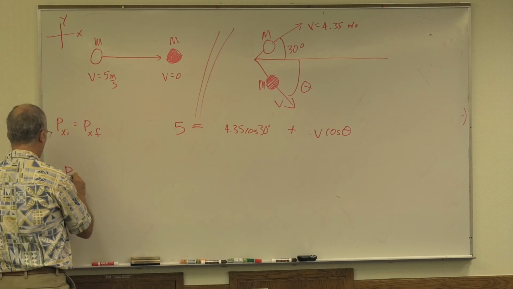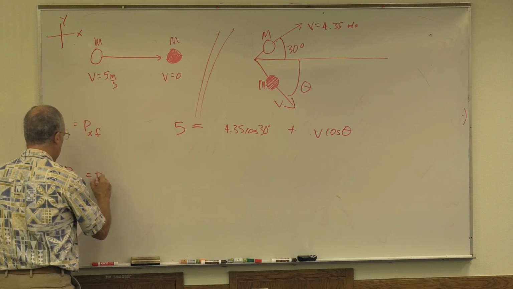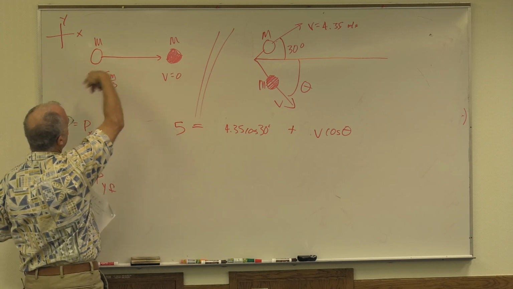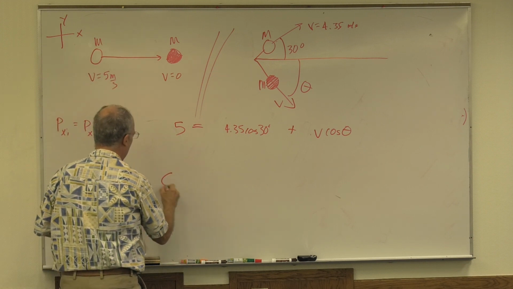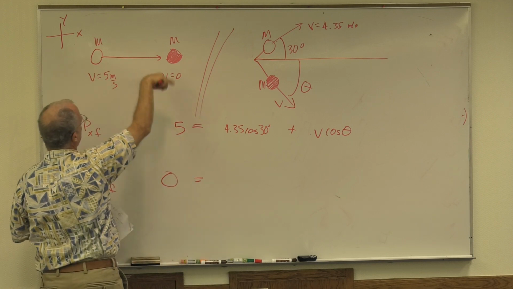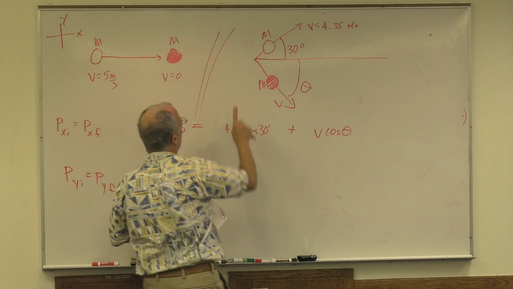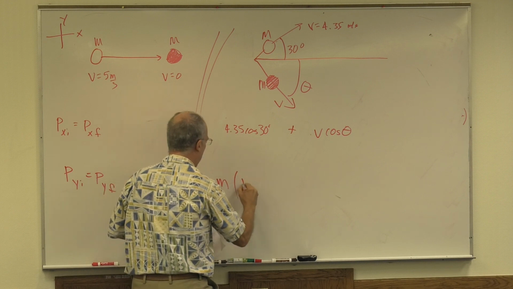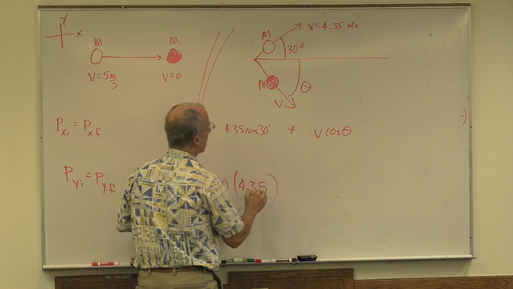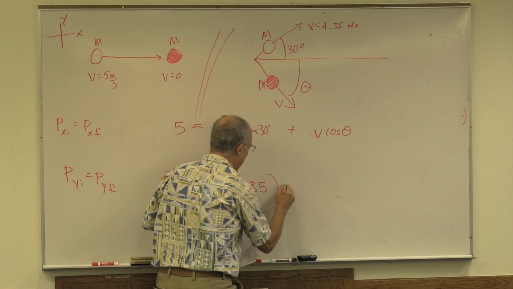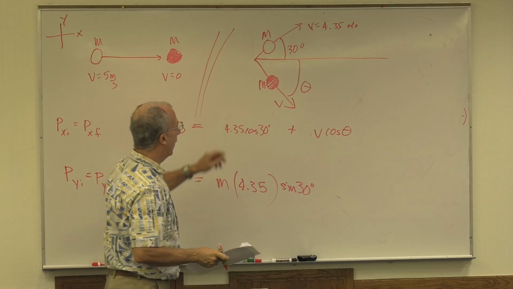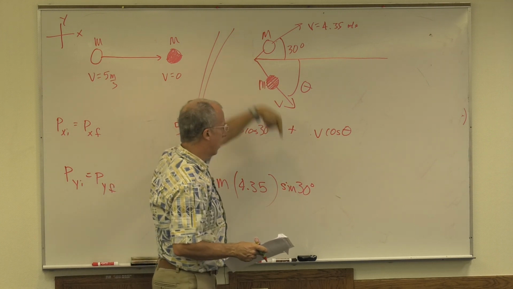So we have Py initial equals Py final. Well, is there any y momentum here? No. So we have 0, right? Because that's all going to x. There's no y. Here the y momentum is m times velocity, 4.35 meters per second, sine 30. Now we've got to be careful, right? This is going down, so we've got to give it a minus sign.